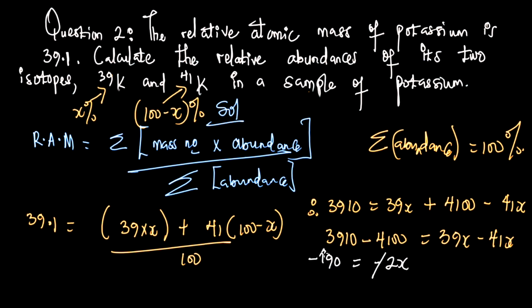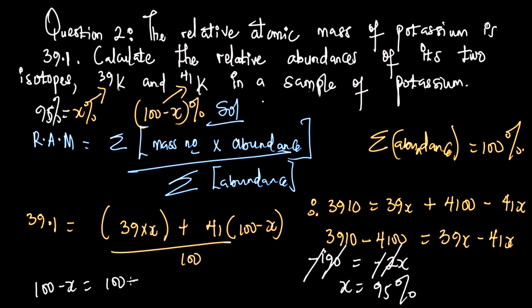Negative cancels negative, so x equals 95%. If x equals 95%, then 100 minus x is 100 minus 95, which is 5%. So this has an abundance of 95%, and this has an abundance of 5%.